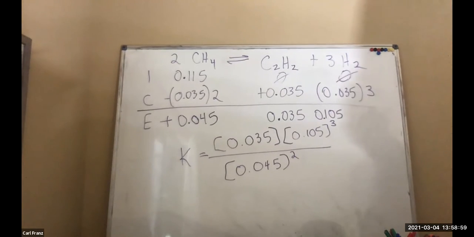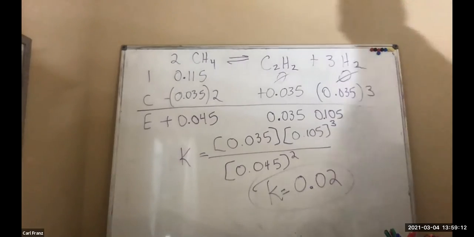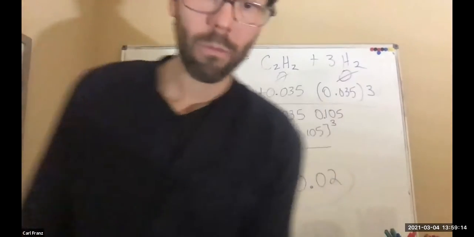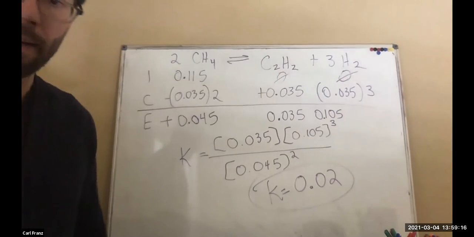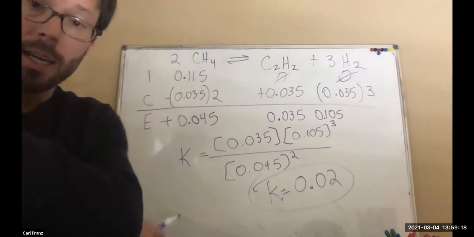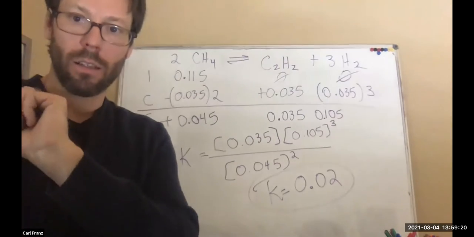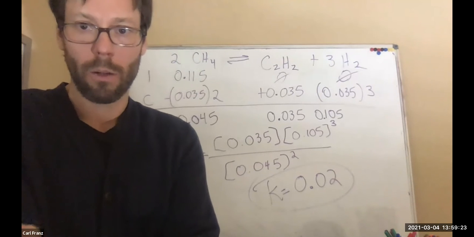What do we get there? 0.02. Okay. Any questions on that? This is as easy as it gets for the ICE tables.